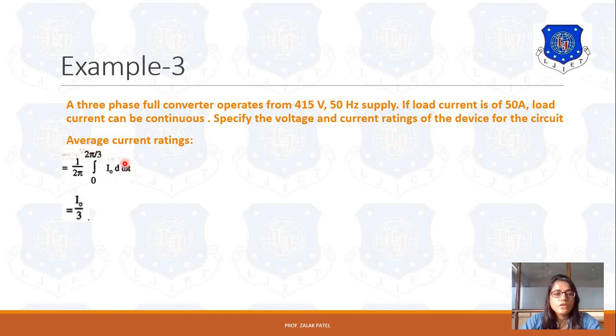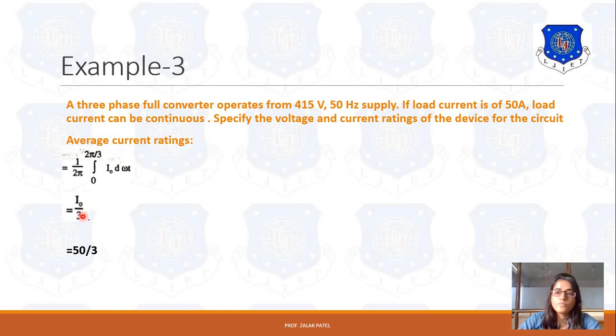Since I0 has no term of omega t, the integration of 1 d omega t becomes only omega t, and applying the limit the answer is 2 pi by 3. Then 2 pi and 2 pi will be cancelled out, so the remaining term will become I0 upon 3 for average current rating.